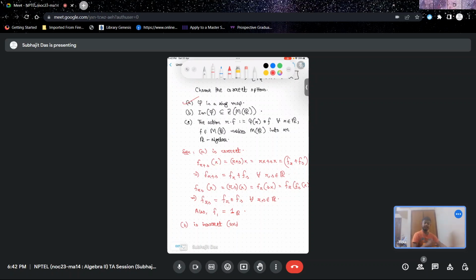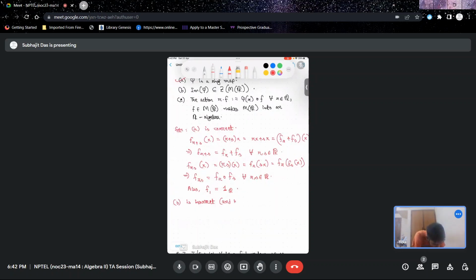First of all, End(R) is an R module, and moreover that module structure should be compatible with the ring structure on End(R). The compatibility is given by the condition that the image of the map phi, which gives you this algebra structure, should be contained in the center of End(R). So if B is incorrect, automatically C will be incorrect.